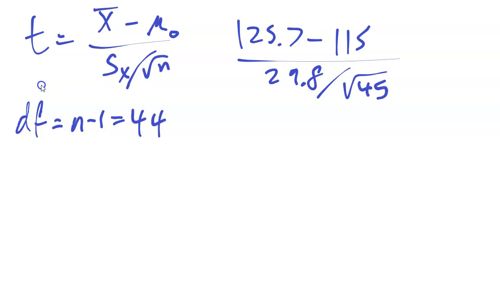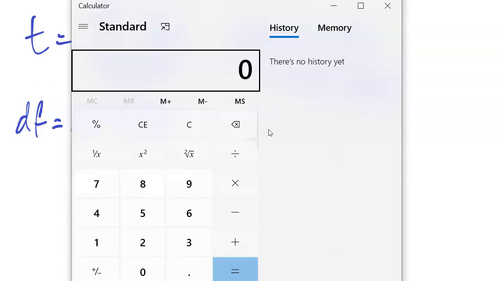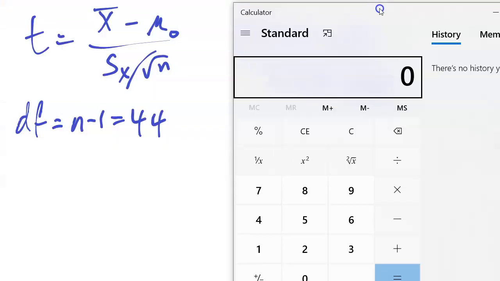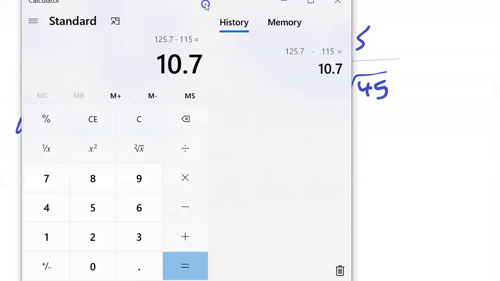Now, even when you are doing this by hand, I suggest using a calculator anyway. We'll pretend that you don't have the Inspire. So the sample mean minus population mean is relatively easy to come up with, 125.7 minus 115. All right, so our numerator is 10.7.